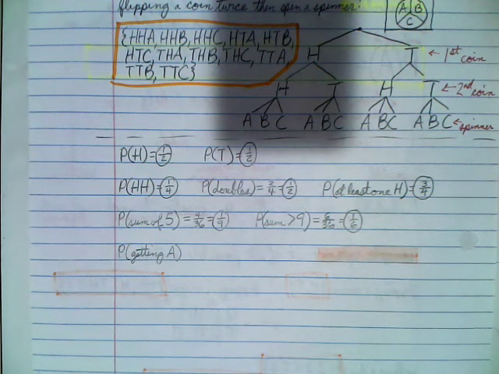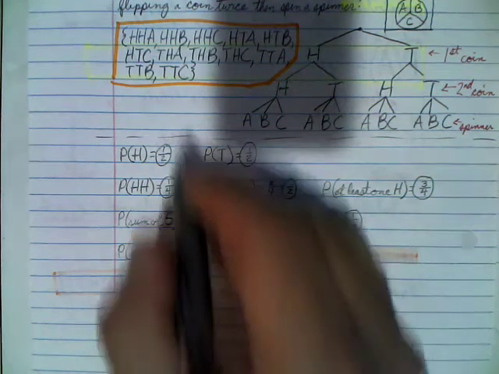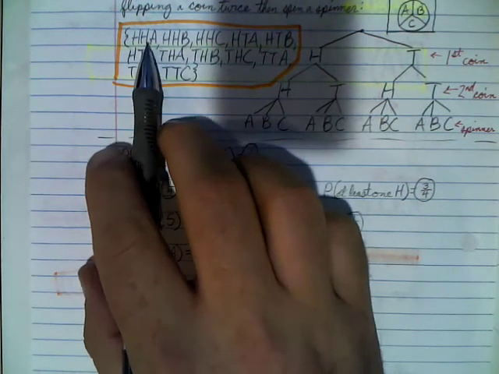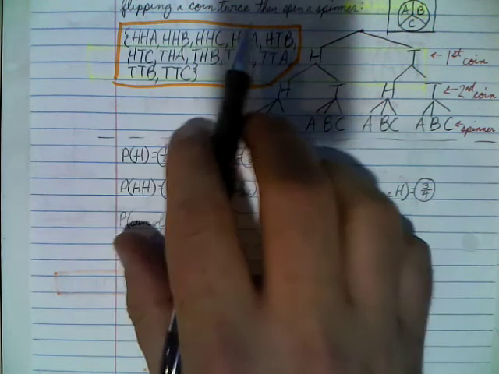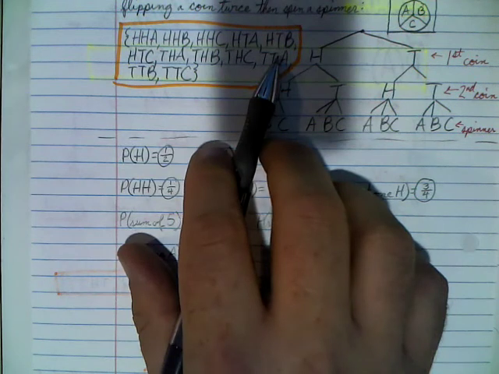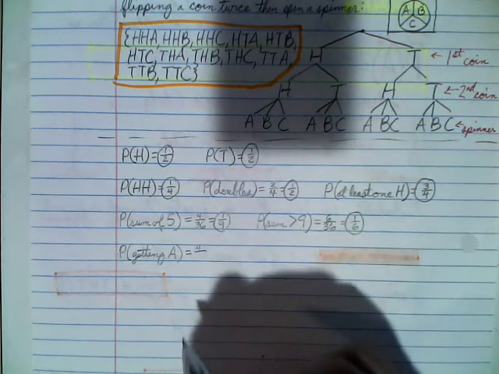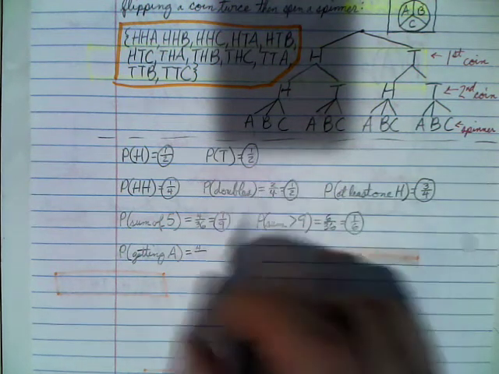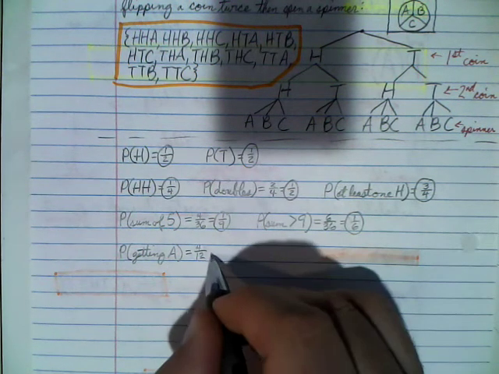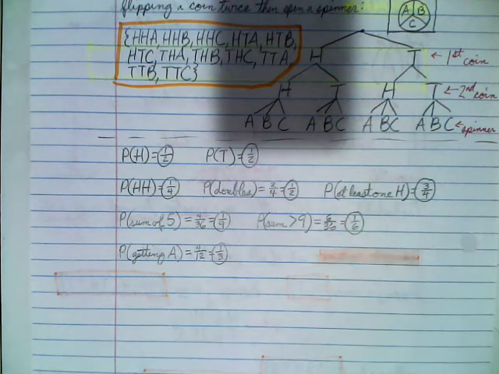The coins don't matter. All that matters is we end up getting an A on the spinner. So if we take a look at our sample space, how many of these things have an A? There's 1, 2, 3, 4. So there are 4 favorable outcomes that have an A on them out of, remember, the total 12. So reduce that down, and about 1/3 of the time we can expect to get an A.